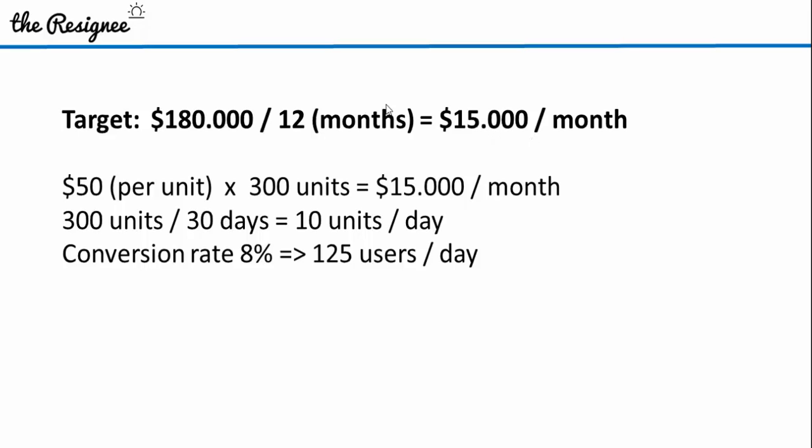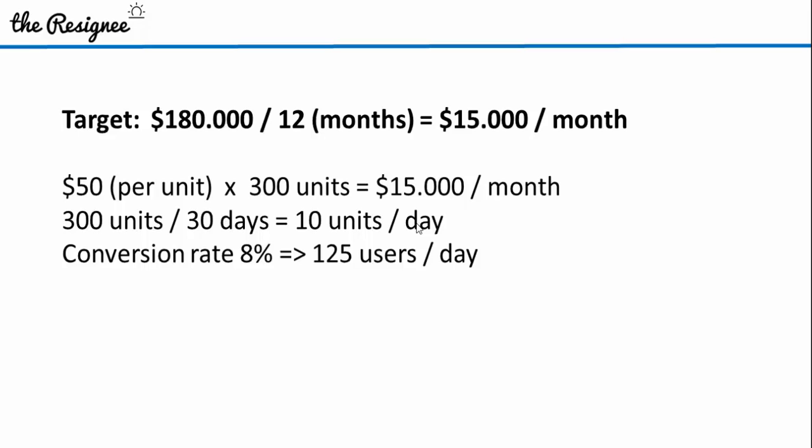That means that you need to sell roughly 300 tripods in order to reach your target of 15K a month. Well, 300 tripods a month sounds a lot, no? But going further, that only means 10 tripods per day. Well, that doesn't seem that extreme anymore, does it?